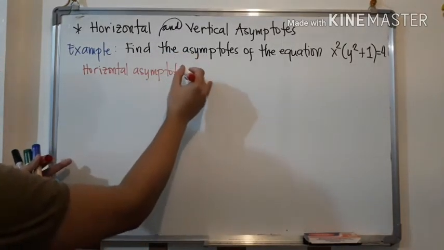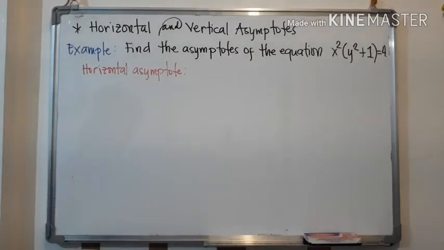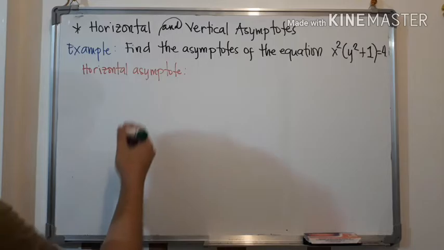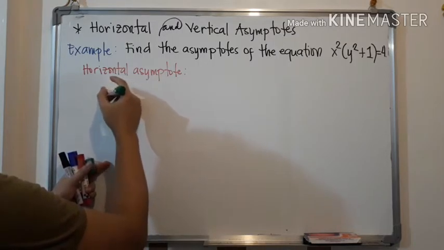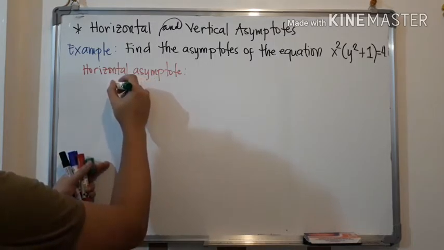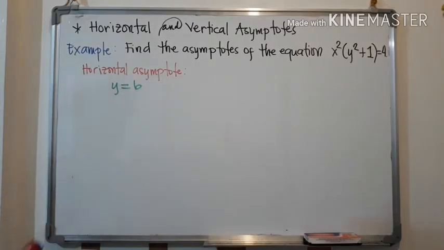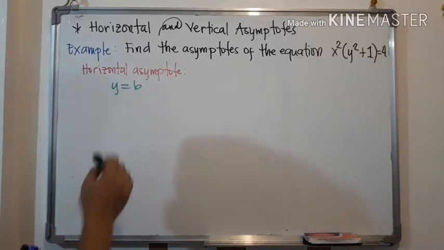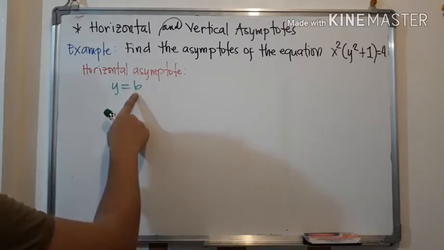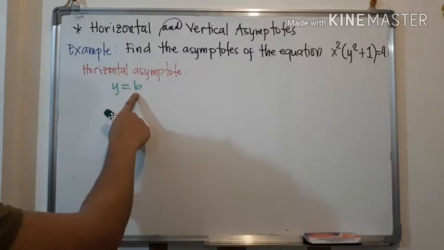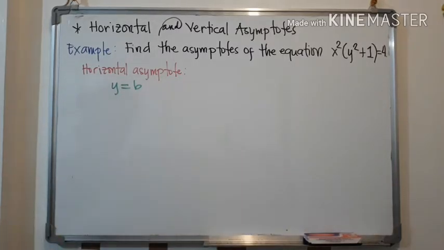Okay. So for horizontal asymptote, we are actually concerned with the horizontal line, which is y is equal to b, where this b is a constant, a real number.